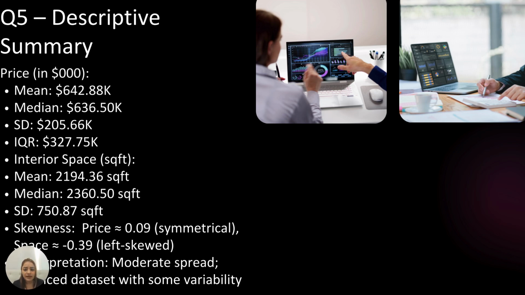For interior space, the mean is 2194 square feet, but the median is higher at 2360. This tells us the data is left skewed. Some small homes pulled the average down. Overall, both price and space data showed a healthy variation and reflected a balanced housing market.